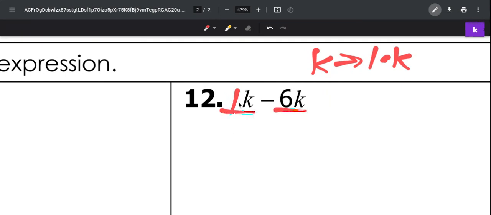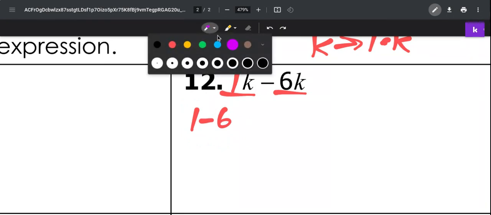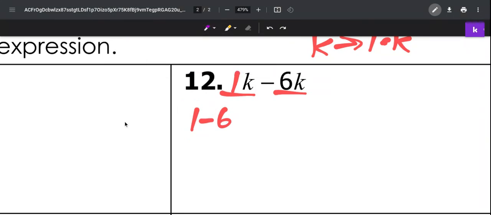Now, what I have to do here is the coefficients, 1 minus 6. Now, this is why I made such a big deal at the beginning about adding and subtracting these numbers. Because if you can't do this, you are about to run into some trouble. So here's what we can do. Now, 1 is being subtracted by 6. 6 is the bigger number.